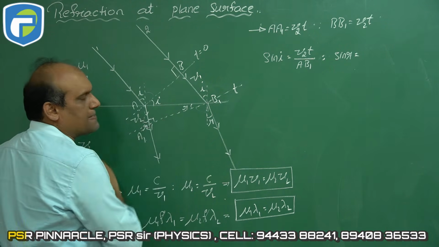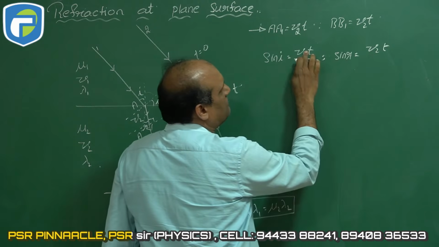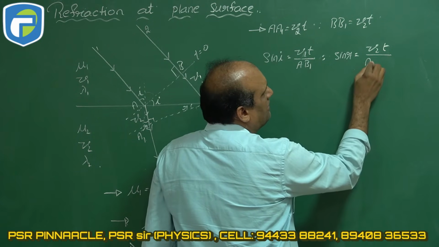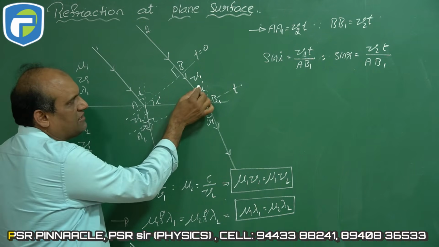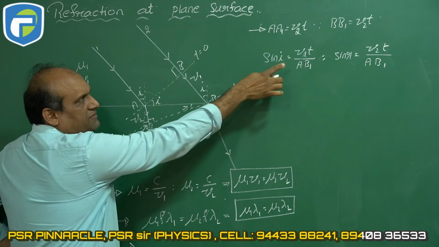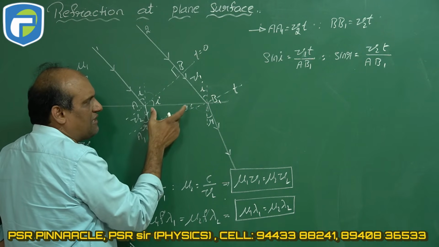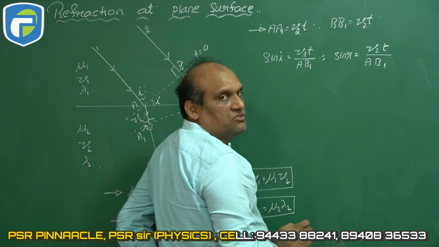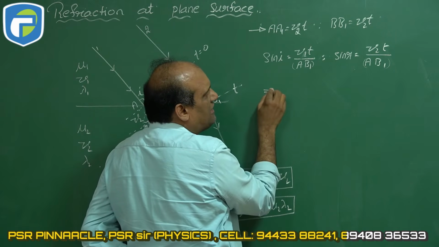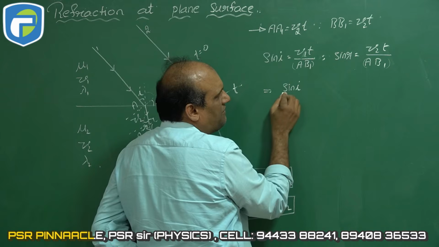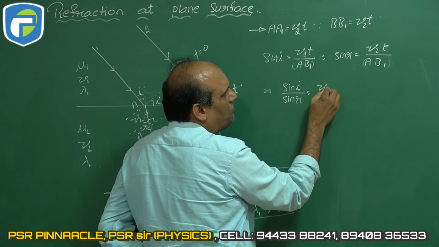See, this is the right angle. So the opposite side is V1 into T by AB1. Clear? So sin I equals V1T by AB1 and sin R equals V2T by AB1. So eliminating AB1, T gets cancelled, and I will get sin I by sin R equals V1 by V2.